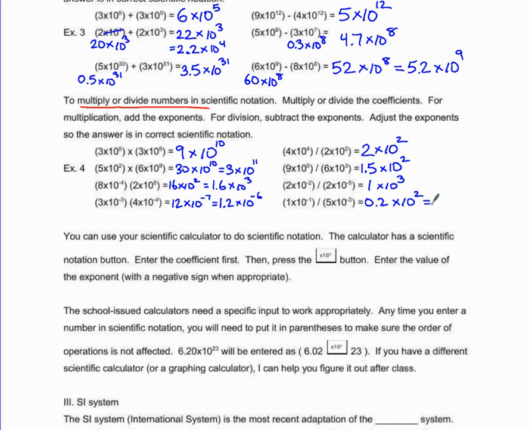And then we need to fix it to make it appropriate scientific notation. So we're moving it to the right one. Our number is 2. When we move to the right, the exponent becomes less positive. So we're going from an exponent of 2 to 1. 2 times 10 to the first power.